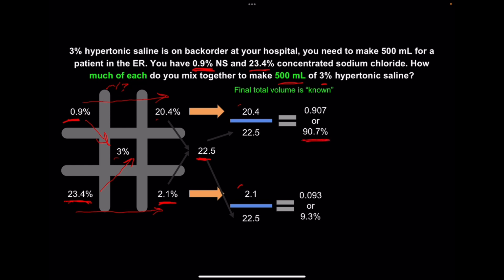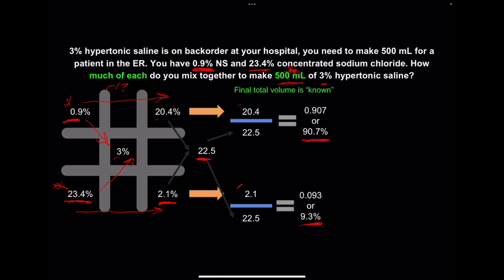So by doing this, we know that 90.7% of the 500 mL is going to be the 0.9%. Alternatively, 9.3% of our 500 mL is going to be the 23.4% concentration.